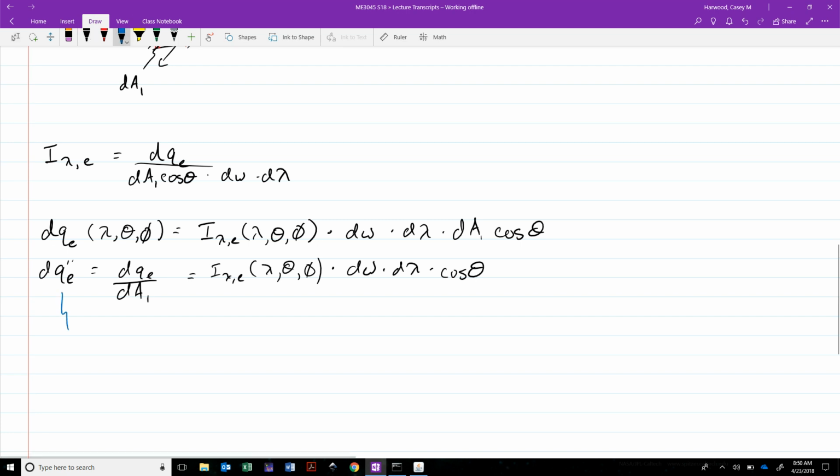This will of course have units of watts per meter squared. And the spectral radiation intensity will have units of watts per meter squared micron steradian.